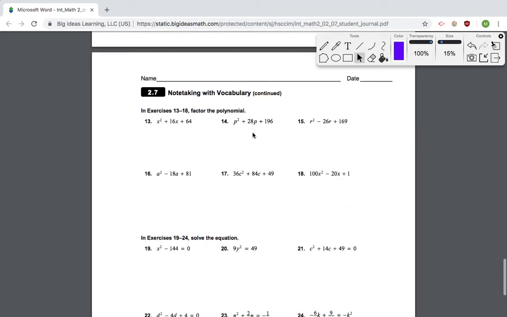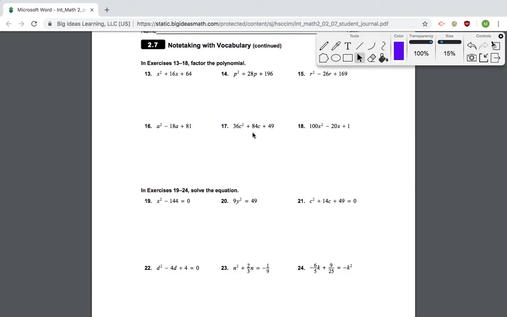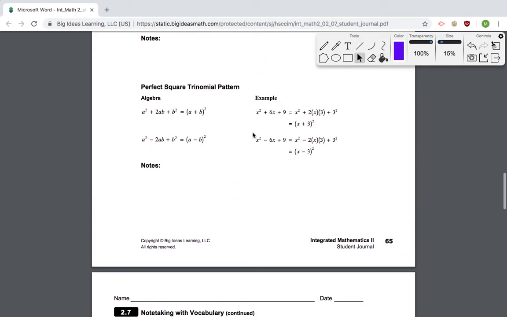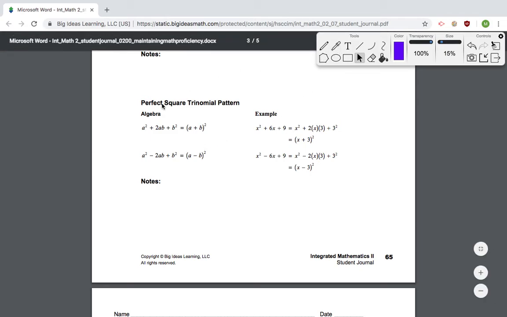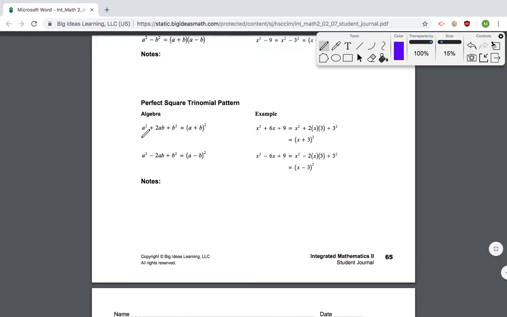Moving on to this one. Now you have three terms, so you have to go back a little bit more, and you're basically trying to figure out, okay, if it has three terms, which one of these patterns is going to fit. So we have, this is number 13 by the way, x squared plus 16x plus 64.